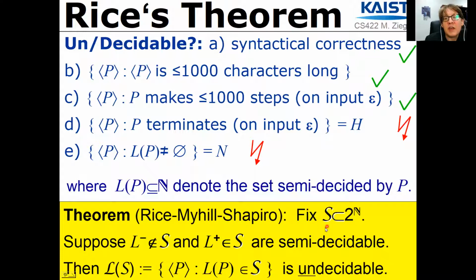And this non-trivial collection of subsets satisfies the hypothesis. It contains a semi-decidable set. It contains many semi-decidable sets. It contains almost every set except for the empty set. Remember the confusion between the empty set and the set that consists of the empty set.